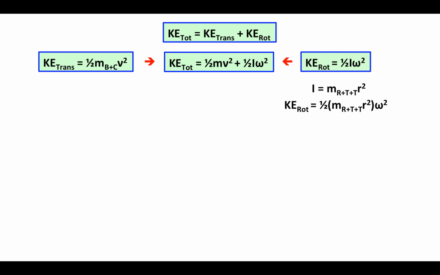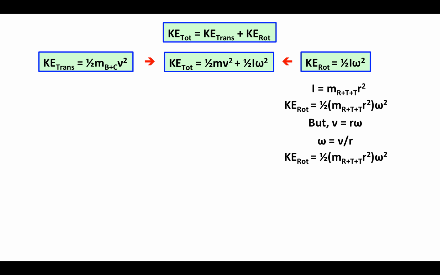So I get this expression: the kinetic energy of rotation is 1/2 the mass of the rim, tire, and tube combined, multiplied by the radius squared times omega squared. But I know that velocity is also equal to the radius times omega, and I can rearrange that to get omega equals velocity divided by radius.